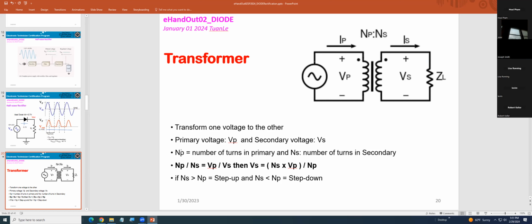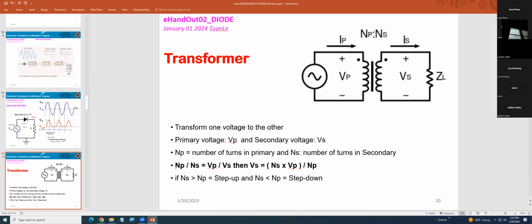Okay, primary voltage VP and secondary voltage VS, and NP, the number of turns in the primary, and NS, the number of turns in the secondary. Okay, winding. They're using wire. See how many turns you get on the primary and how many turns you get for the secondary.